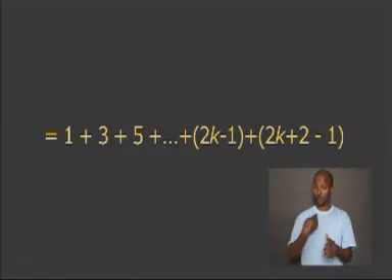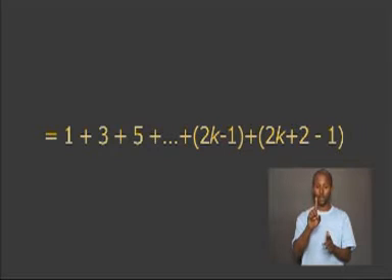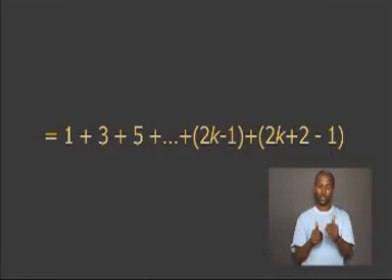We can simplify this to 1 plus 3 plus 5 and so on plus 2k minus 1 plus 2k plus 2 minus 1.